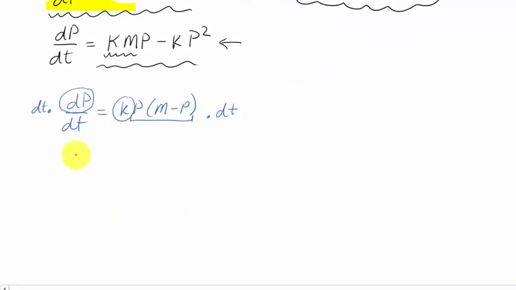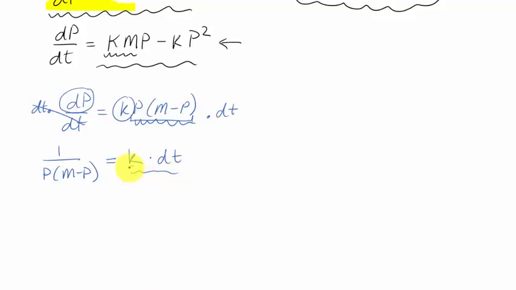So when we simplify this, we end up with 1 over p times m minus p, because we've divided both sides by these factors, equals k times dt. There's no t on this side, but that's okay. K is a constant, so it's a number like 345.008, something like that.